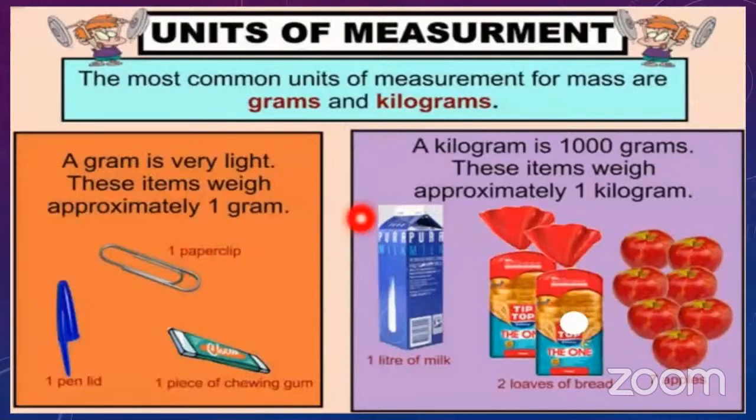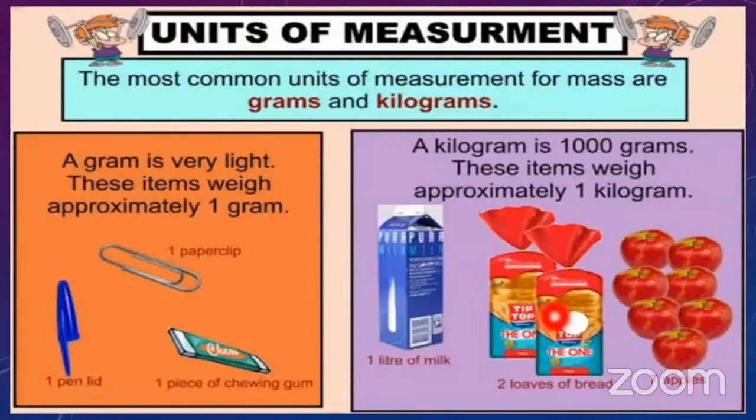Now look at here. A kilogram is 1000 gram, as I explained to you, and these items weigh approximately 1 kilogram. You can see here apples, loaves of bread and a liter of milk. The weight of 7 apples is approximately 1 kilogram.